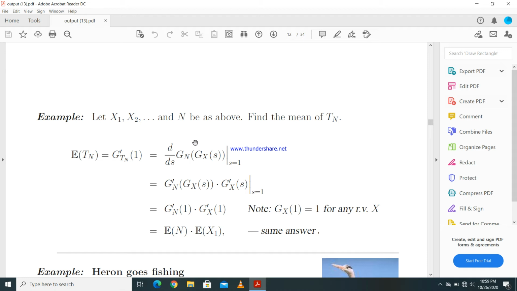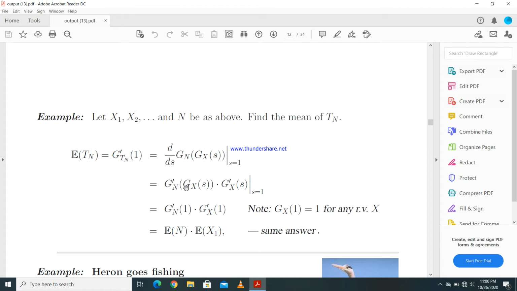If you want to differentiate this function, first you differentiate with regard to N, so that is G'n. Within the brackets, again you have a random variable x, so you have to differentiate that as well, that is G'x(s). Then you substitute the value 1 for s.